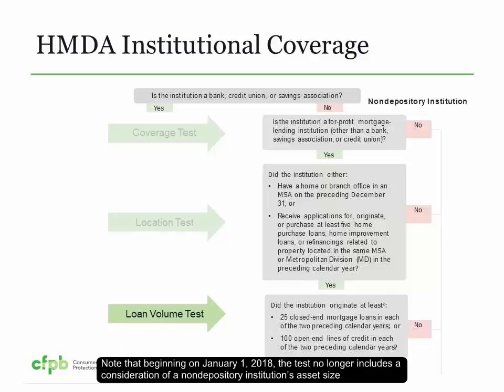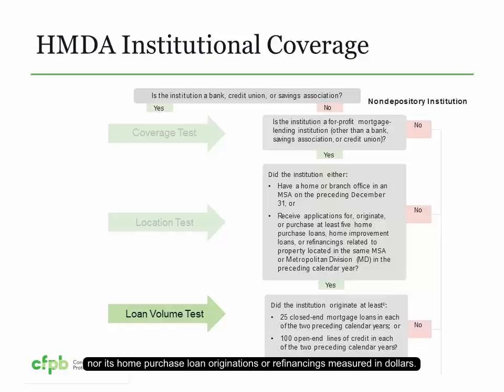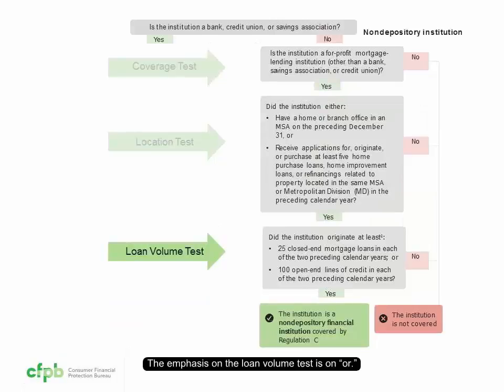Note that beginning on January 1, 2018, the test no longer includes a consideration of a non-depository institution's asset size, nor its home purchase loan originations or refinancings measured in dollars. The emphasis on the loan volume test is on OR.